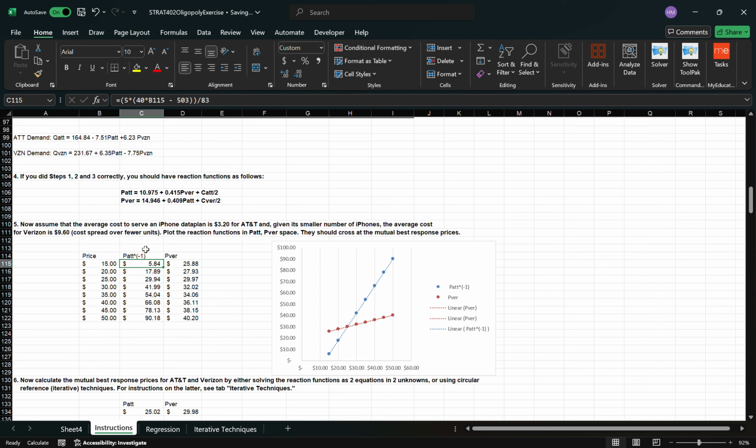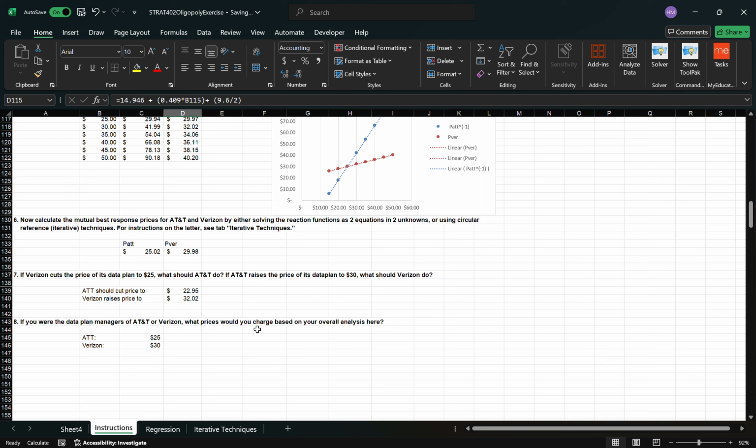And then I plugged in these different price points for x, and I just used the same function given to us in number 4 for the price of Verizon, and I plugged in these prices, and then you plug in the costs that it gives us here and divide those by 2. And then I got my graph right here.